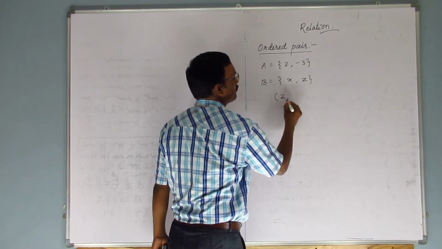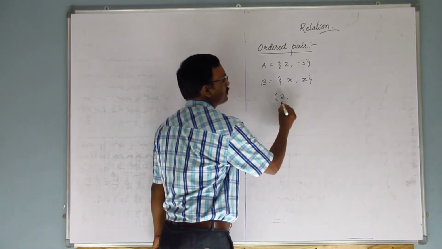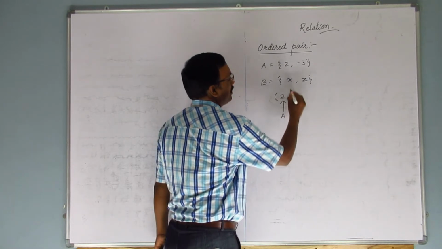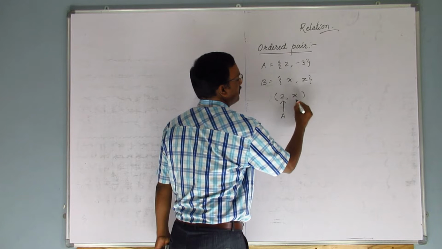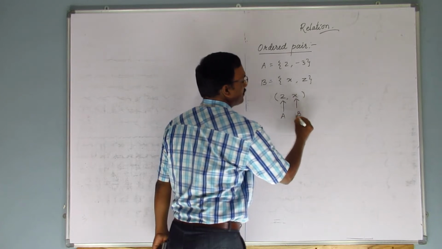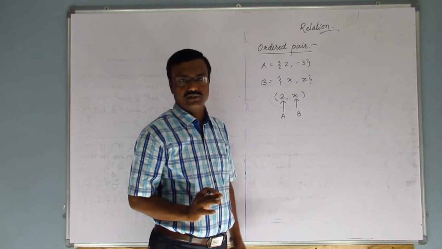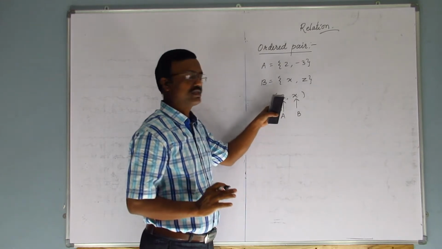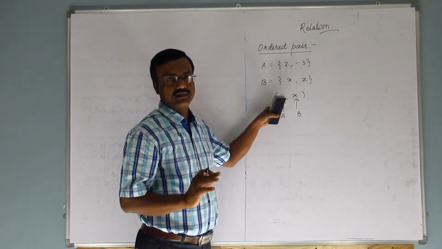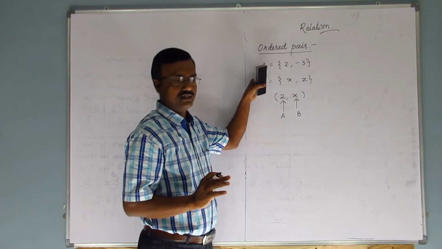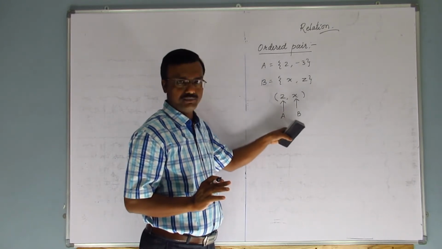So I will choose 2 first. 2 is chosen from A and then I will write x. x is chosen from the set B. Okay, so I cannot alter the selection. The first position elements are to be selected from first set A and second from second set B.